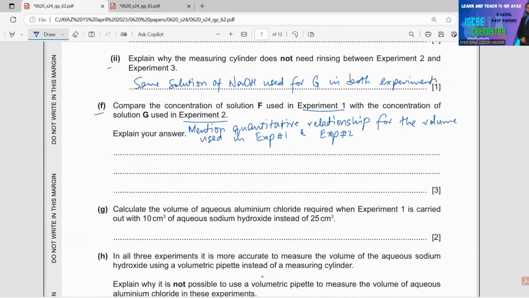So you'll write: solution G is more concentrated because larger volume of AlCl3 required in experiment 2.